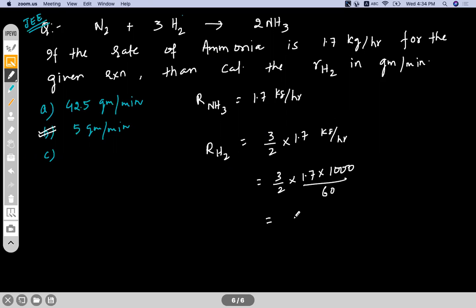And when you solve this, you'll get 42.5 gram per minute. But you have to convert it to moles. So this is what you have done. Most of you have done this. In the exam also, they have done like this only. But the point is, this 3 by 2 is the molar ratio, isn't it?